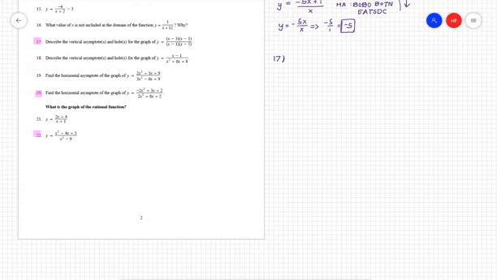Number 17, we want to find the vertical asymptotes and the holes, if we have any, for this graph. So I see x minus 1 on top and on bottom, which means this is equivalent to x minus 3 over x minus 5.